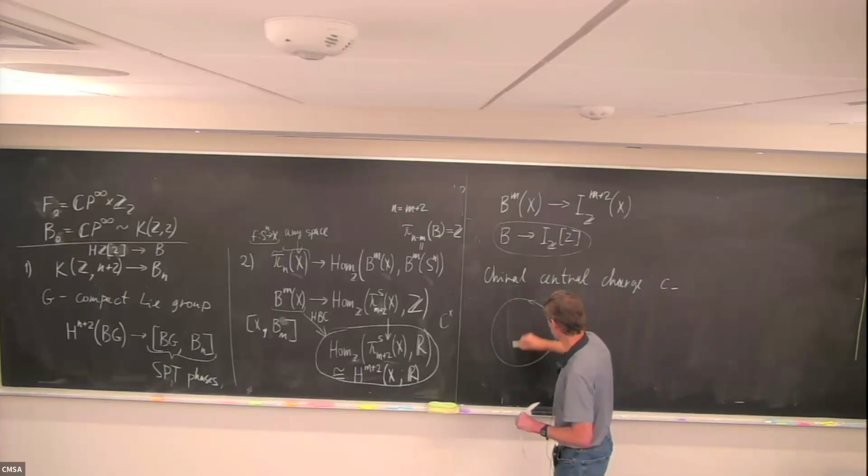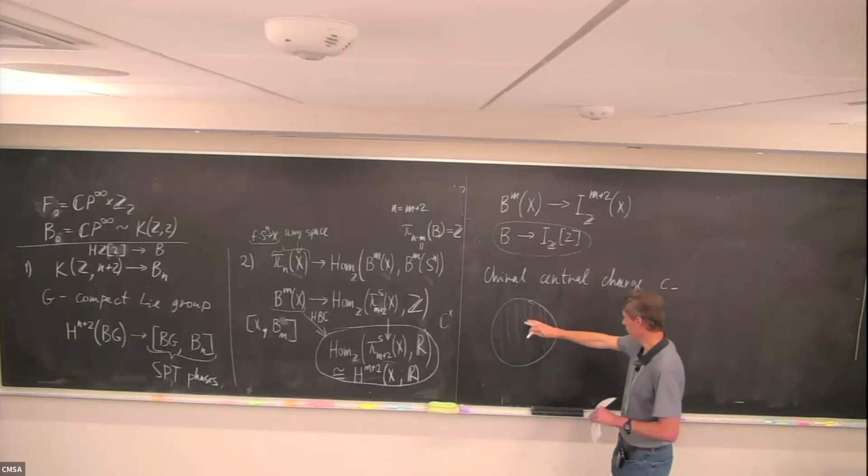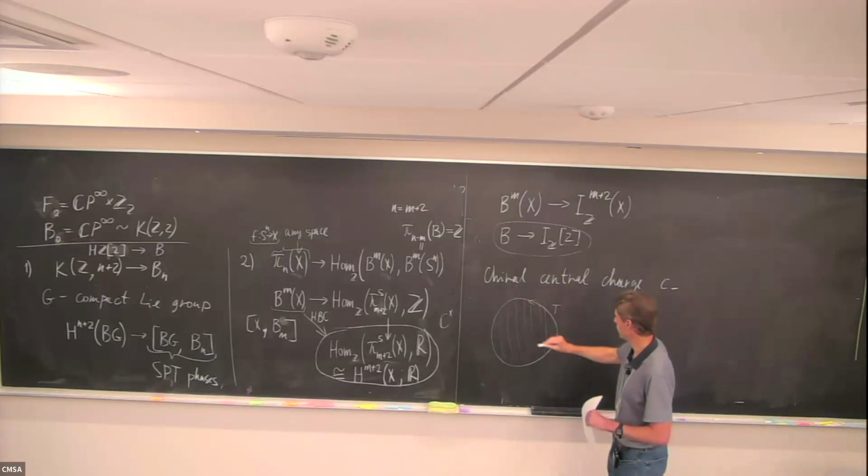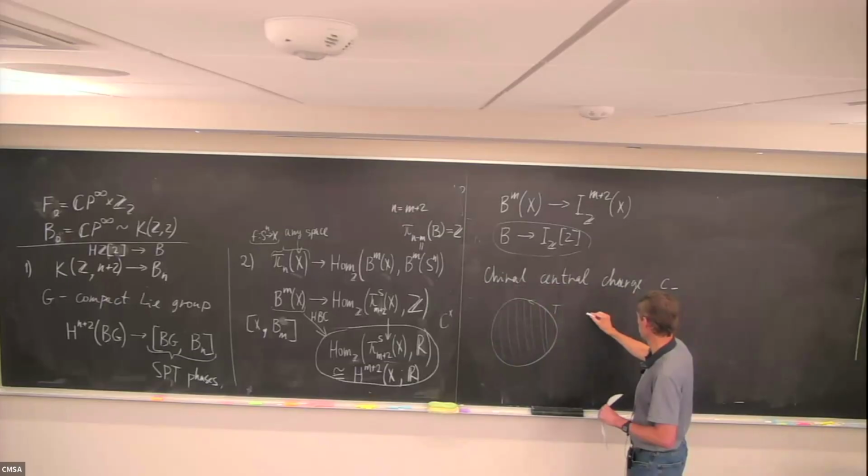Suppose we have a system with an energy gap in the bulk, and we consider the boundary at temperature T, and there will be an energy flow along the boundary.